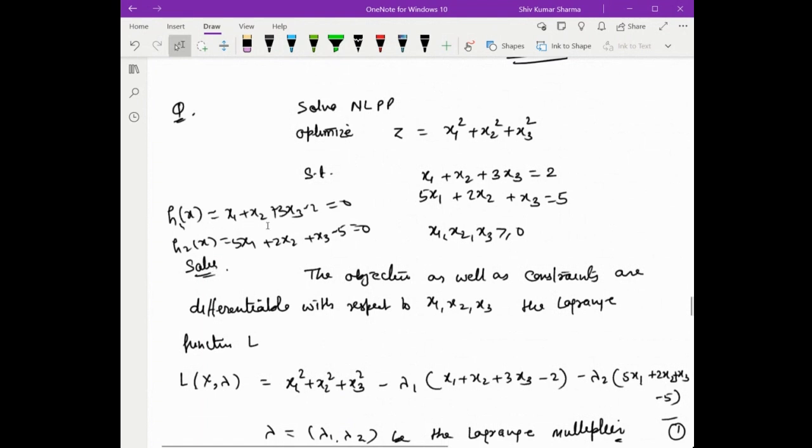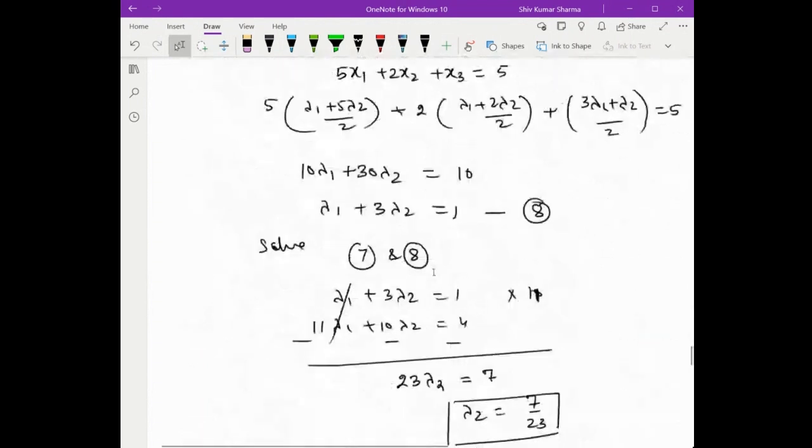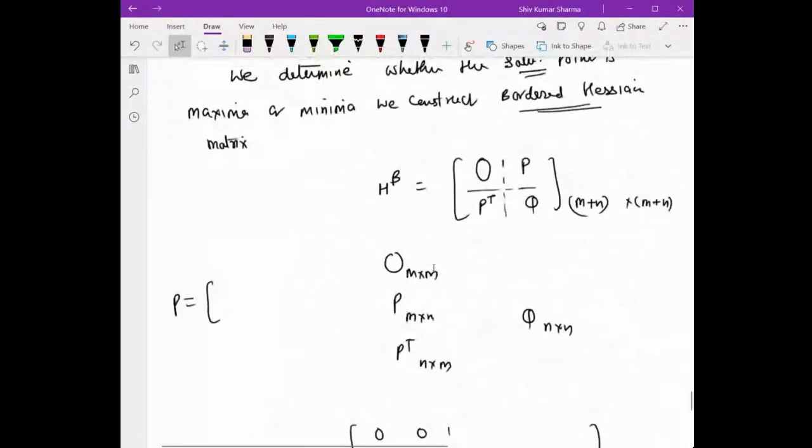So we differentiate h1x with respect to x1, x2, x3. With respect to x1, del h1 upon del x1 is 1, del h1 upon del x2 is 1, del h1 upon del x3 equal to 3. So first row elements are 1, 1 and 3.